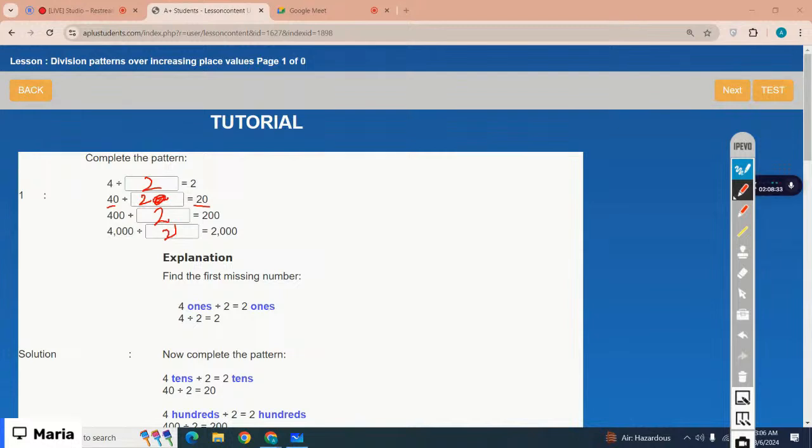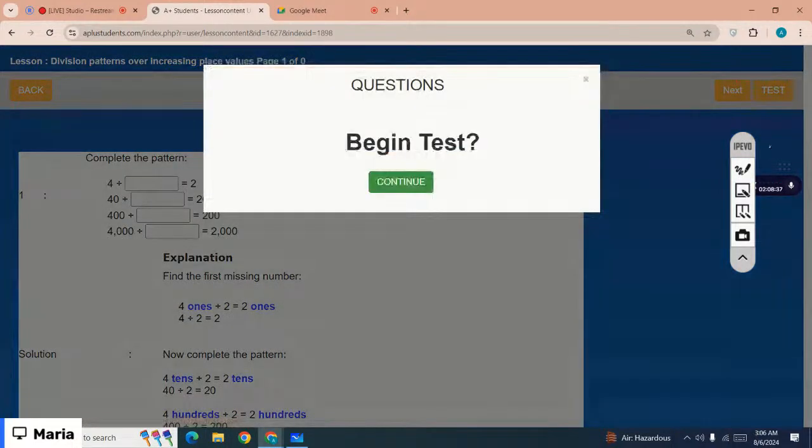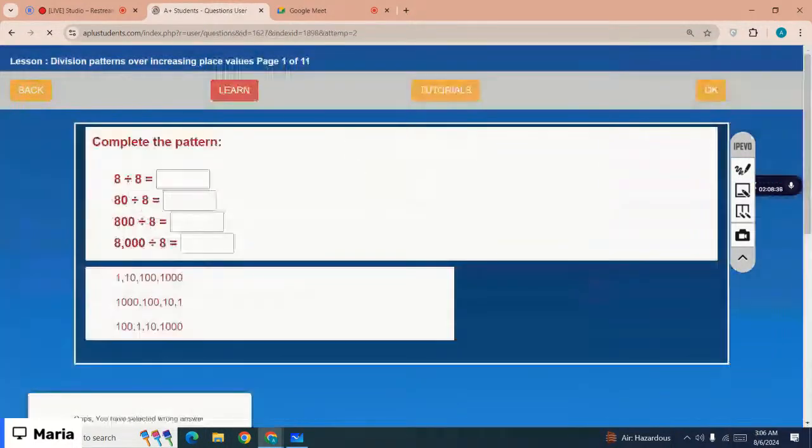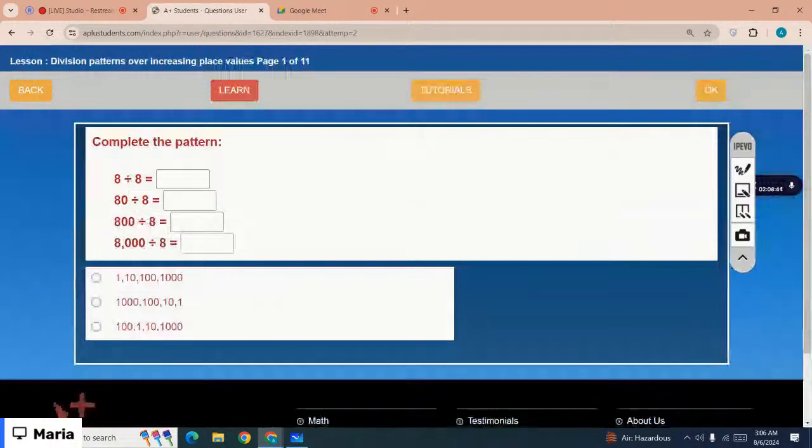Okay, let's just start with the test questions. Complete the pattern. 8 divided by 8, 80 divided by 8, 8000 divided by 8.